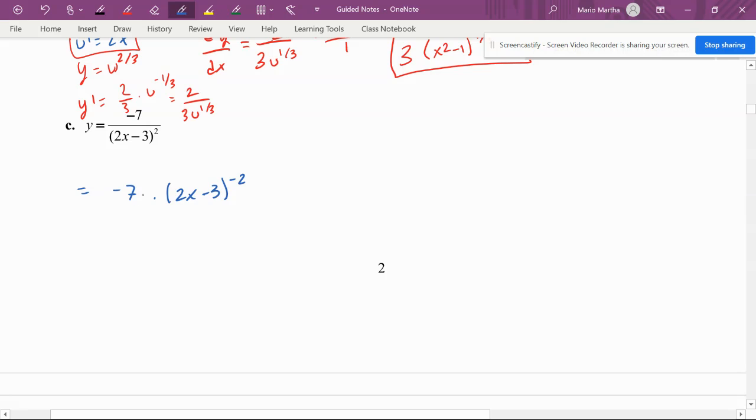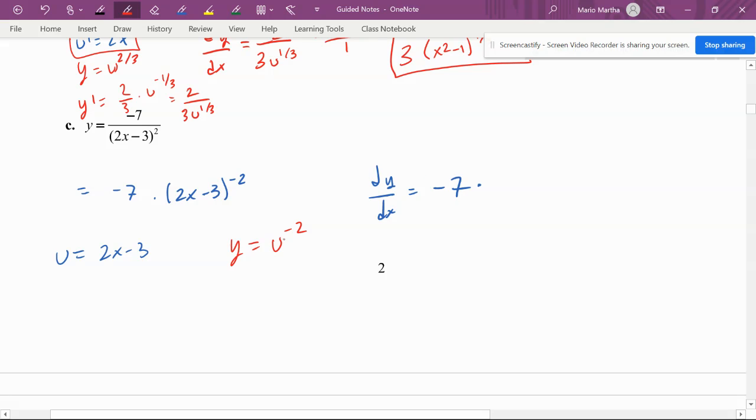So there's a constant there, right? So negative 7 is going to stay here. So dy dx, right? I'm going to make sure I write down the negative 7. That way I don't forget about it. So times, we have the internal function u is 2x minus 3. And the external function y is, in this case, just going to be u to the negative 2, right?